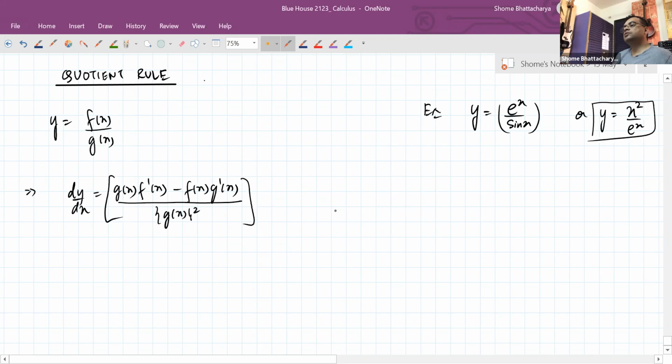In shorthand notation, we can write it like this, that if y is some numerator divided by denominator, then dy by dx is denominator into derivative of numerator minus numerator into derivative of denominator divided by square of the denominator. This is the shorthand notation.